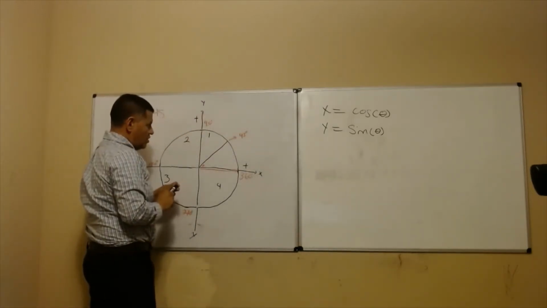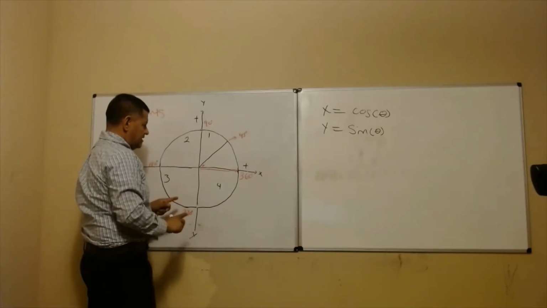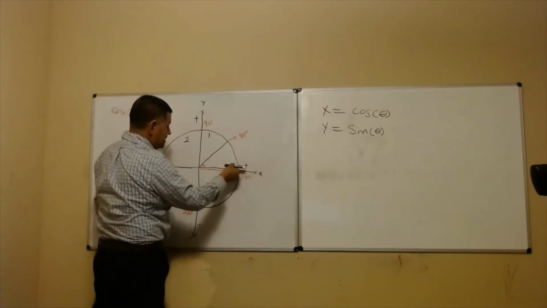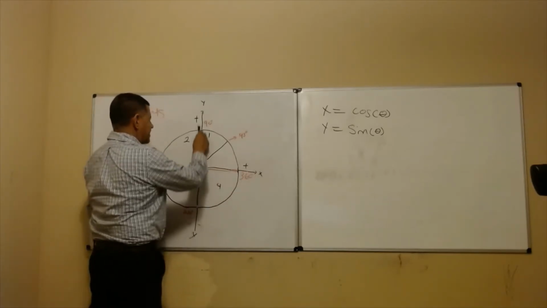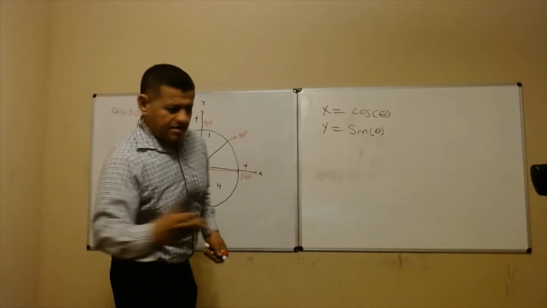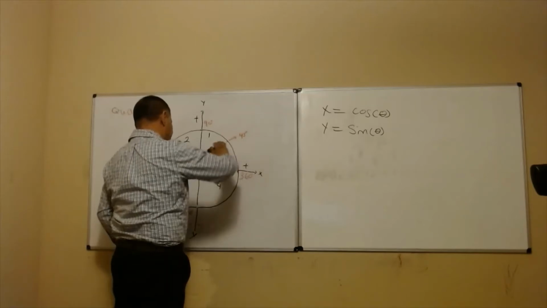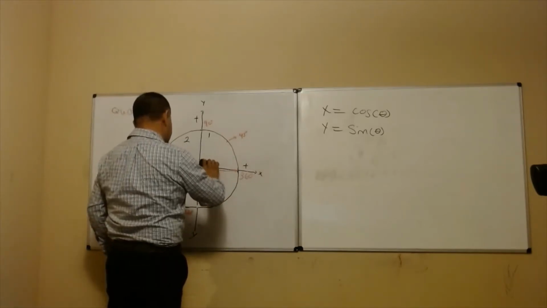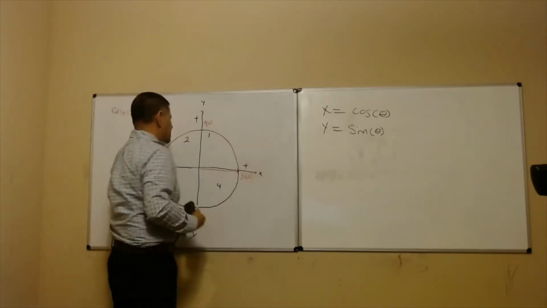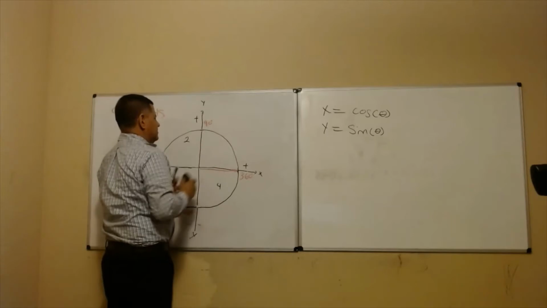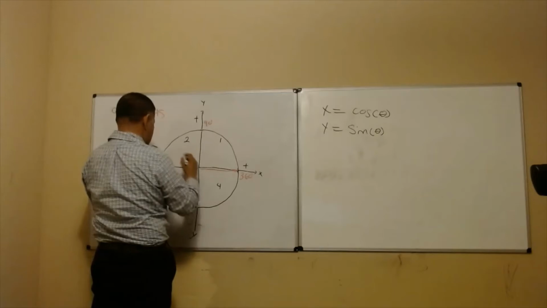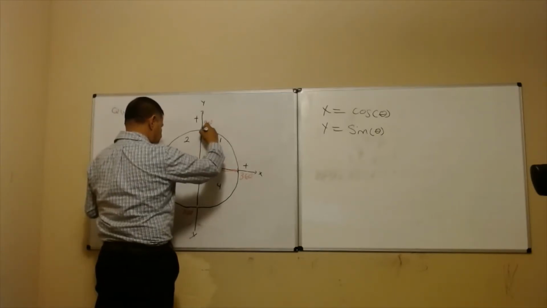Okay, so look at this. This is x, right? And this is y, right? So now what if I get rid of this line right here, and make another triangle like that.